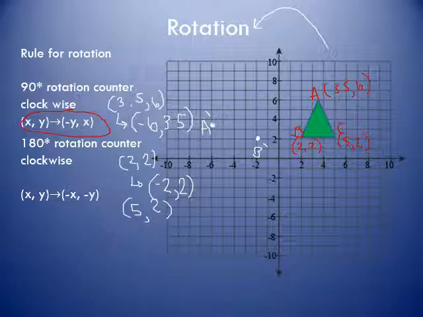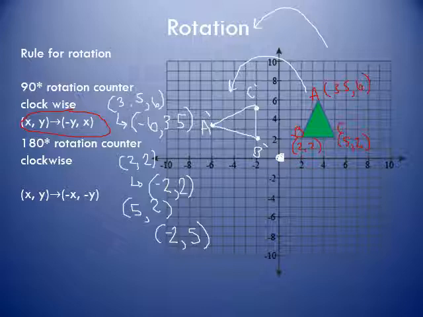So C prime will be at -2, 5. So you're flip-flopping them and you're changing the Y sign. So C prime will be at -2, 5, which is right there. That's your C prime. So you can imagine that I drew this on a piece of graph paper. I put my pen right there, and then I went whoop, and I rotated it 90 degrees.